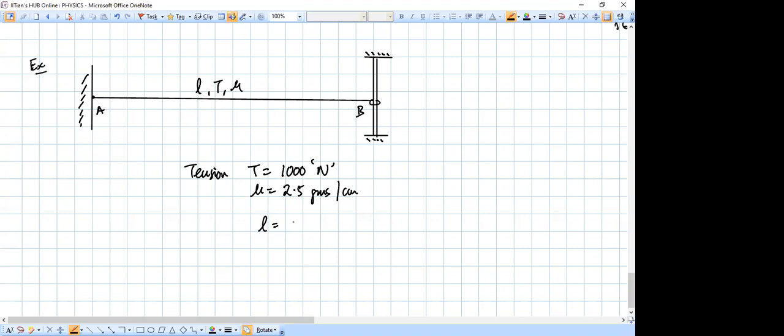Okay, and the length, let us say, is... it's a smooth rod, and this is a ring which can slip freely and all that.